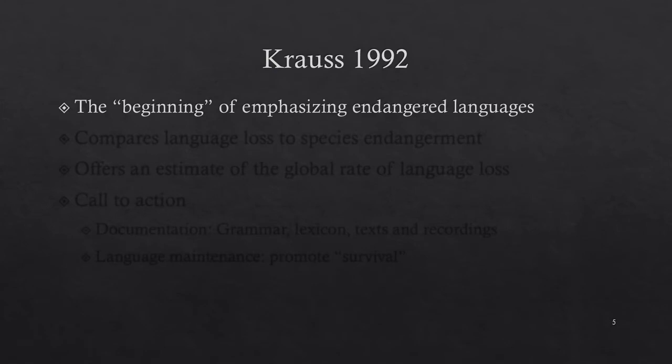There were, of course, other publications on language endangerment and language loss before this, but this article is often cited as the galvanizing moment when a critical mass of linguists became more actively interested in the issue of language endangerment. And this article is something of the rallying cry for everyone who got behind the language endangerment movement back in the 1990s.